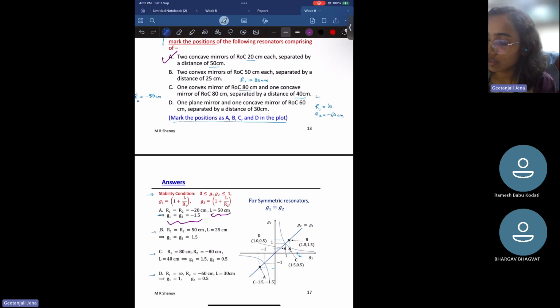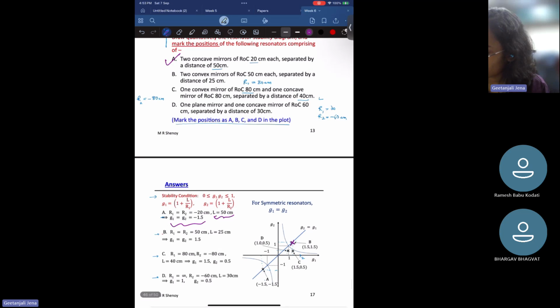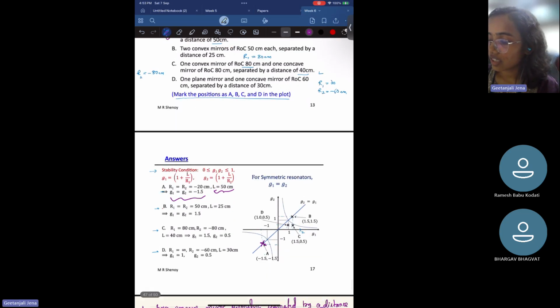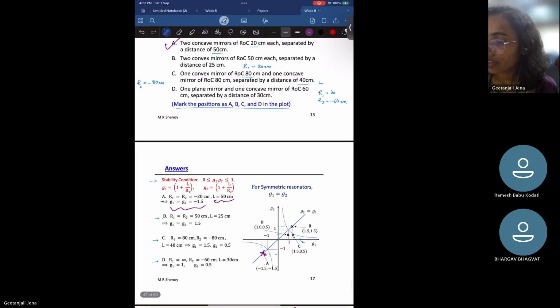And if you want to locate this position, it lies here, at minus 1.5, not there. So here we can clearly see this point is outside the stability diagram. So that means it is an unstable resonator.